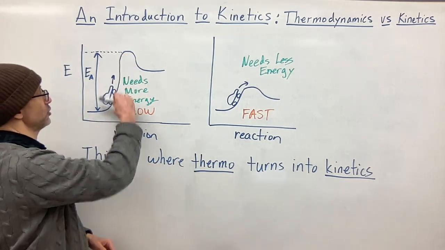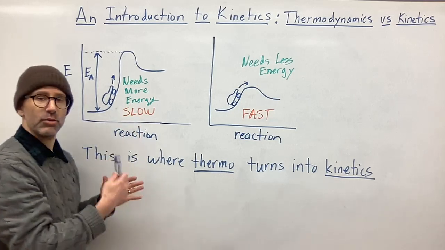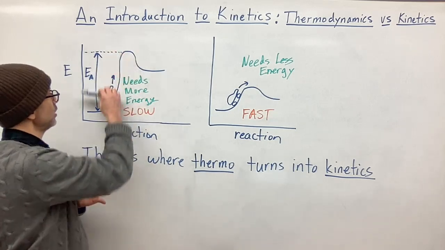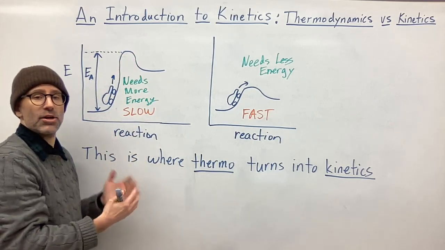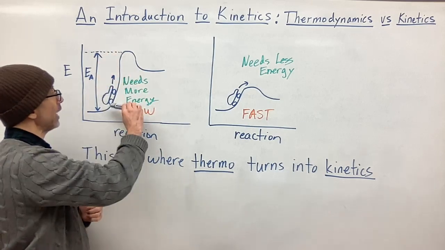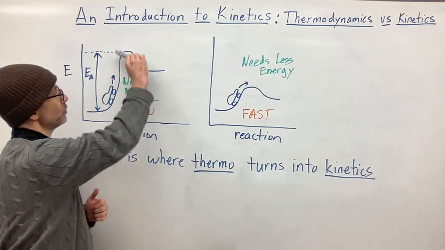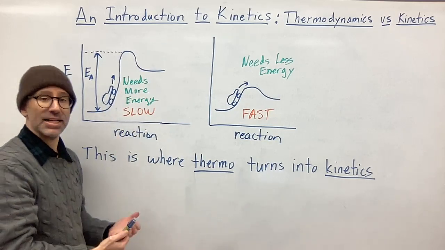When we're talking about energy, we're getting into thermo, but it also intersects with kinetics because this particular amount of energy, the activation energy, is going to lead to whether or not the reaction occurs fast or slow. So more energy to get over this hill is required. Therefore, the reaction is not going to happen as quickly.